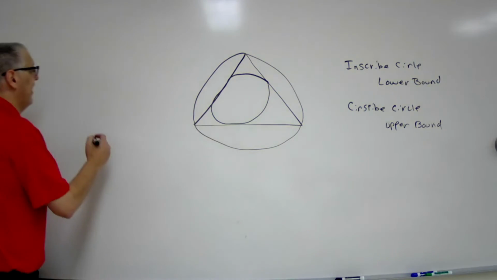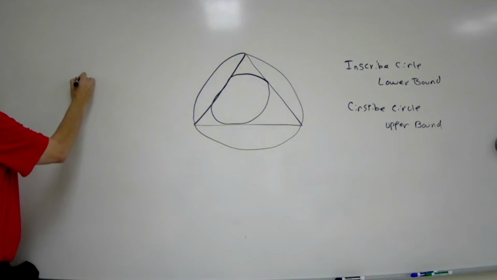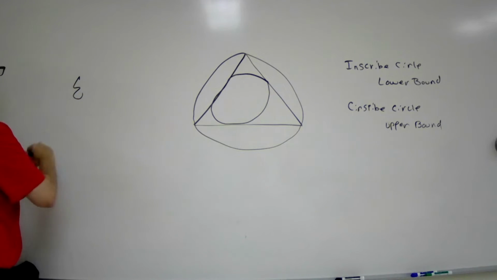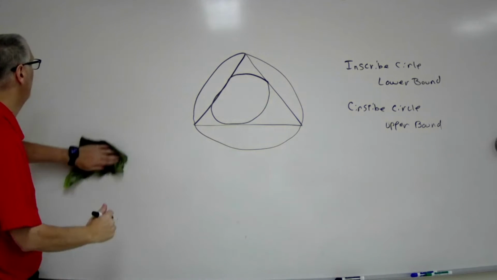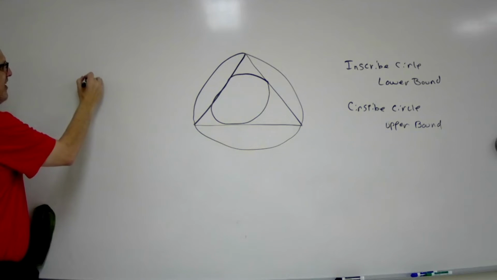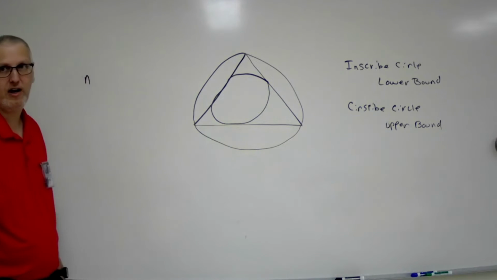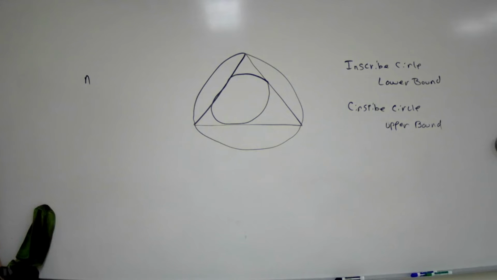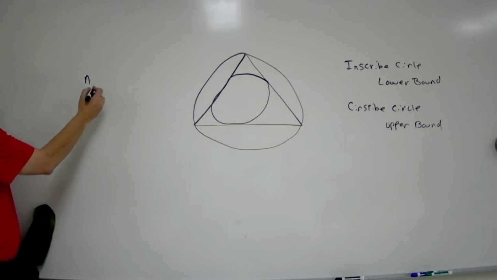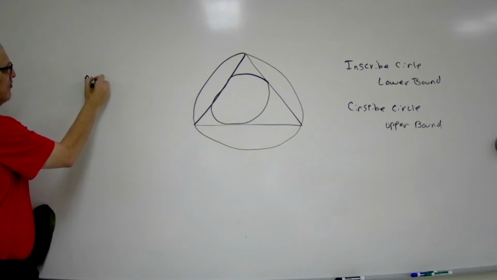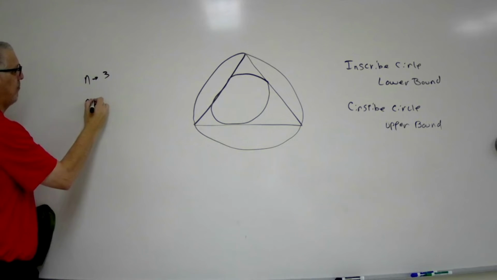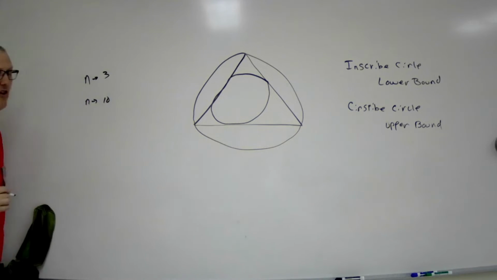Okay. If I said n was the number of sides of my figure, what would happen to my upper and lower bound if n approached 10? Would it become a little bit more accurate?